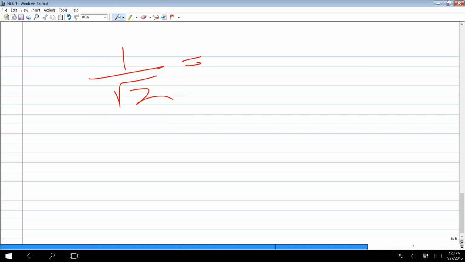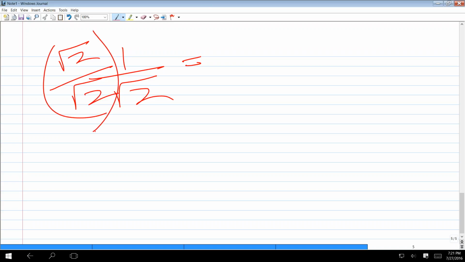And I can always multiply any fraction by the number 1. Well, what if I multiply this by this number 1? Square root of 2 divided by square root of 2. I don't change the value of the fraction. What do I get as an answer?